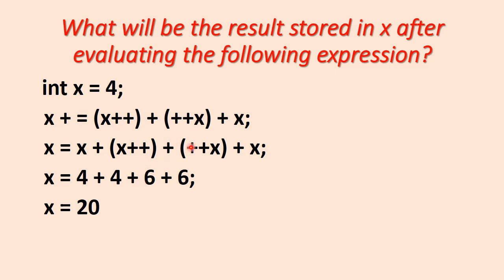Then plus, now the prefix operator, plus plus x. Now the value of x is 5, but first it will increase by 1, and that incremented value it will use here. So 5 plus 1, it will be 6. Then plus, and the value of x now is 6. So finally we can write 4 plus 4 plus 6 plus 6, and it becomes 20. So the final value of x is 20.